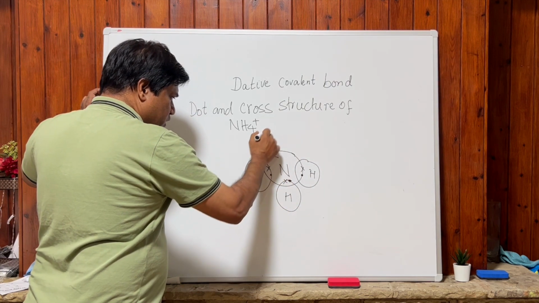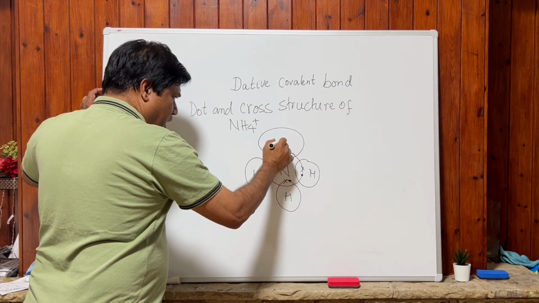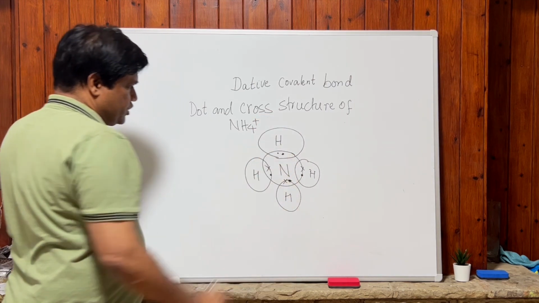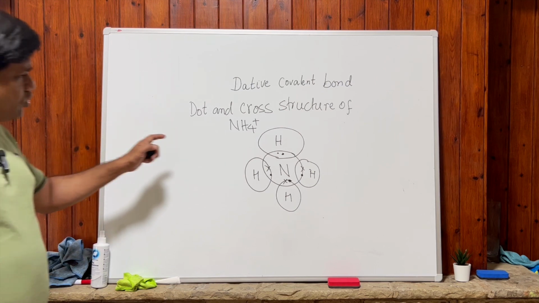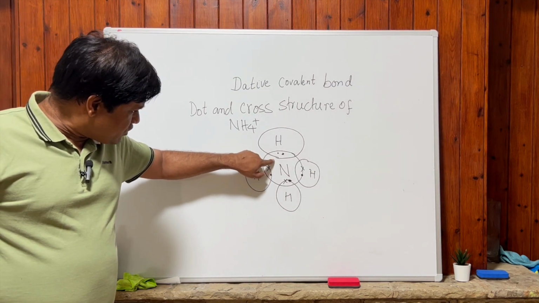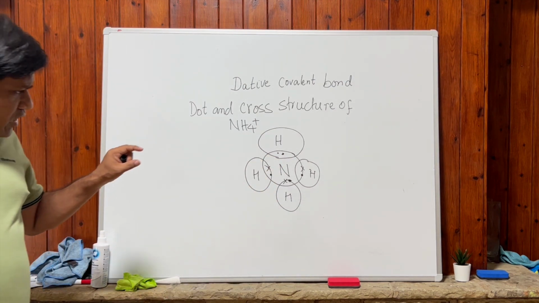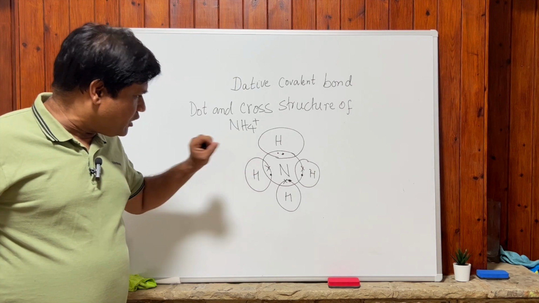Nitrogen has 2 electrons which are not shared. So this is the dot and cross structure of the ammonium ion. You have to focus on these 2 dots.